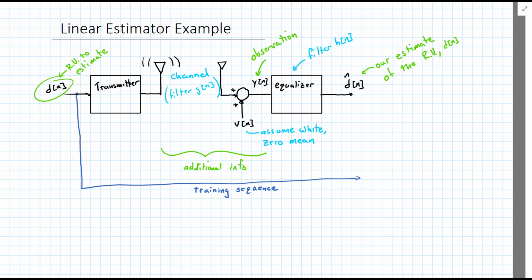And the way that works is at the beginning of transmission, some known sequence will be transmitted, and the equalizer in advance will know what that sequence is, so we can begin our operations. We're going to spend more time with this later, but this is just to set this up. It turns out that even as the channel changes, we can use decision feedback equalization and some fun tricks to keep adapting or updating the equalizer without additional training sequences.